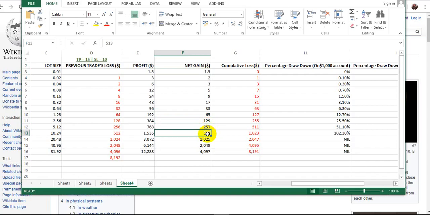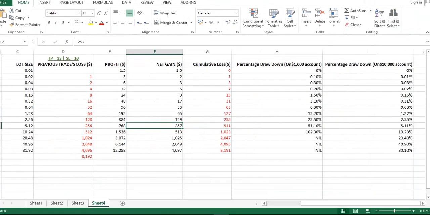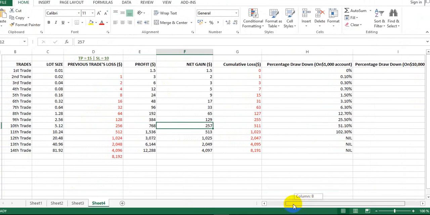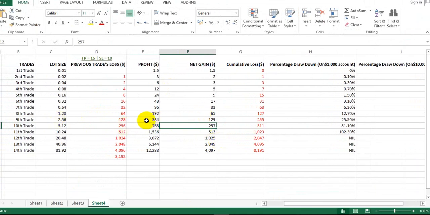On your 9th trade, you're making like $257. It's very nice. Here you're making $129. It's beautiful. 8th trade, $129 net gain.